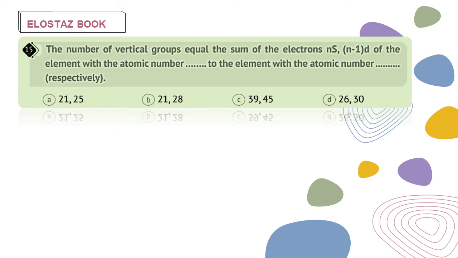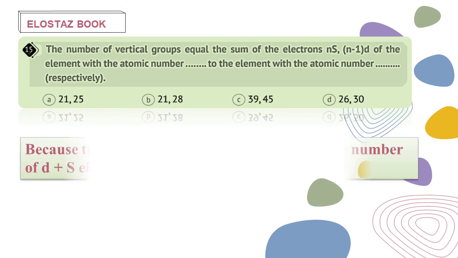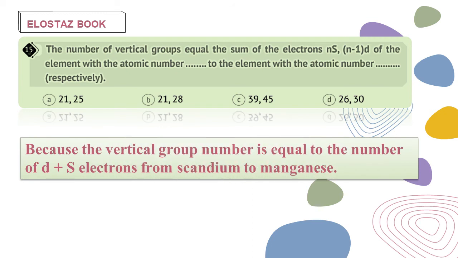Discussing this question, the vertical group number is equal to the number of d and s electrons for two elements with the atomic numbers respectively.